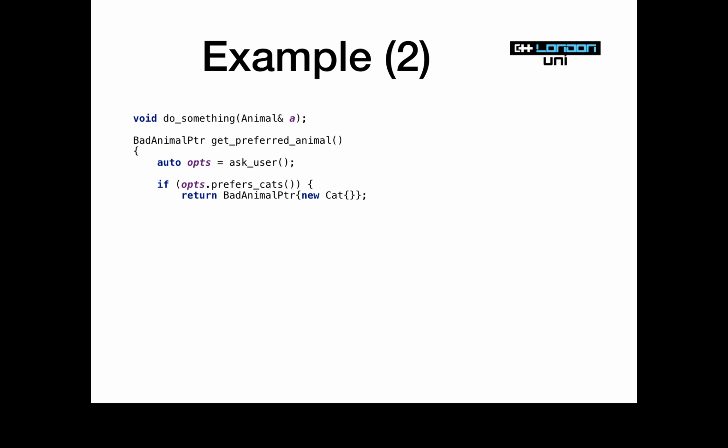New cat gives us a pointer to some memory allocation that contains a cat. If that memory allocation contains a cat, it certainly contains an animal, because a cat is an animal. So this calls the constructor that took an animal pointer. And then we return this object we've just created.